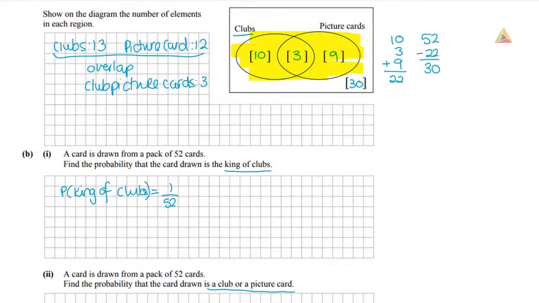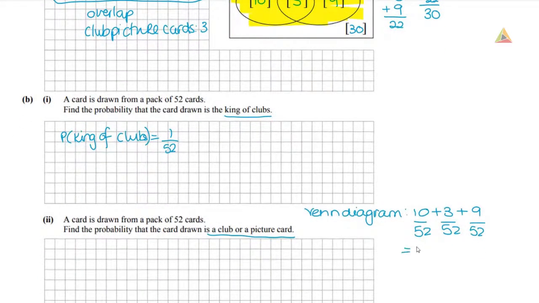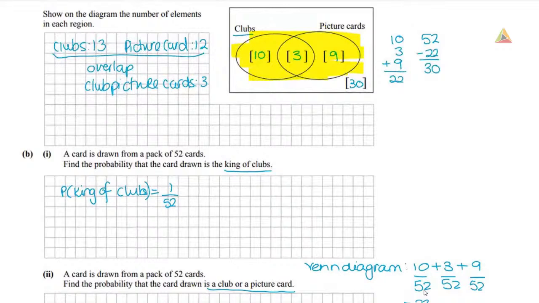So if I use the Venn diagram, I'm going to say that's 10 plus 3 plus 9, each out of 52, which gives me 22 out of 52, and that would tidy up on my calculator to give me 11 out of 26. So when I'm using my Venn diagram, I'm just saying it's these 3 sections that we've highlighted. So 10 out of 52 and 3 out of 52 and 9 out of 52.